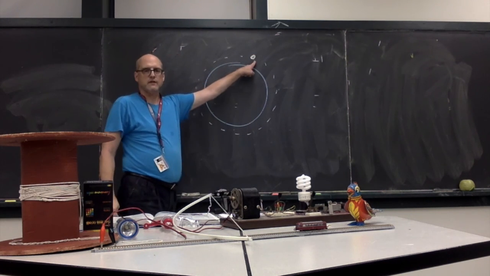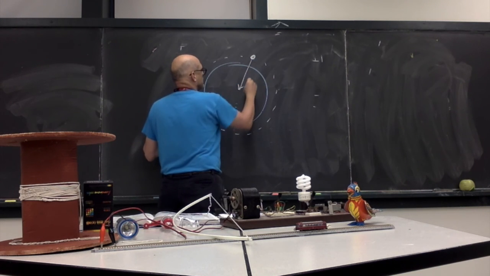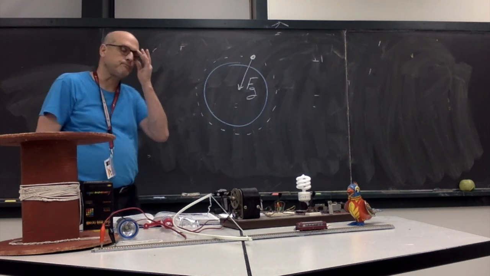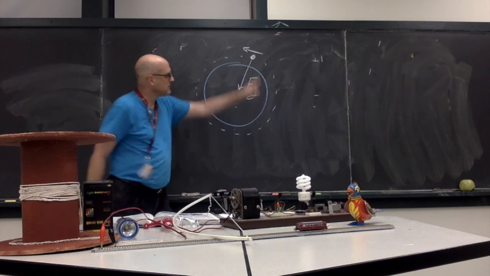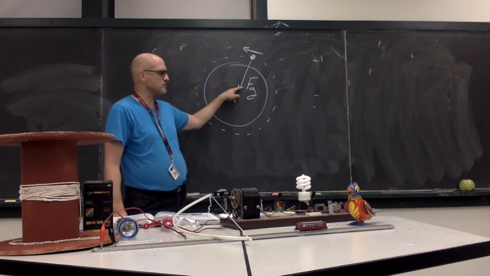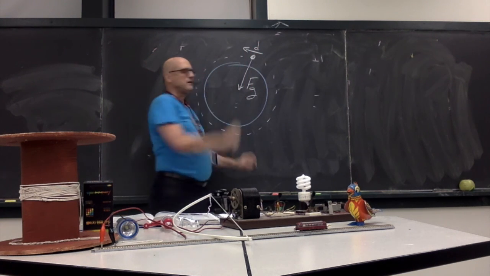Well, the force of gravity always acts toward the center of the Earth. Okay. Weight of the satellite, you can think of that. But the satellite is moving at this instant in that direction, tangent to the circle. So do you see that this force does not do work on the satellite, right?